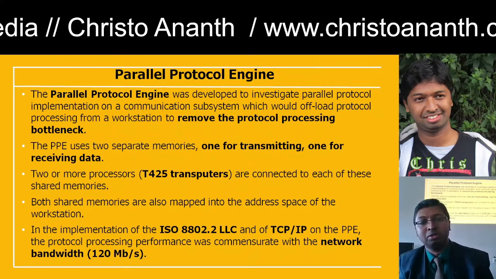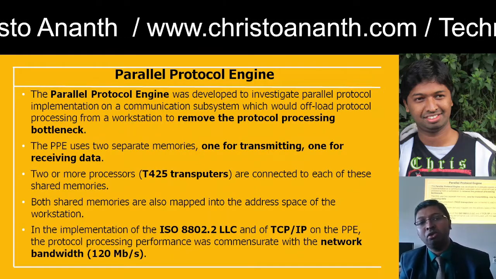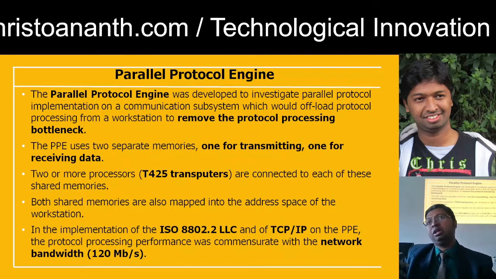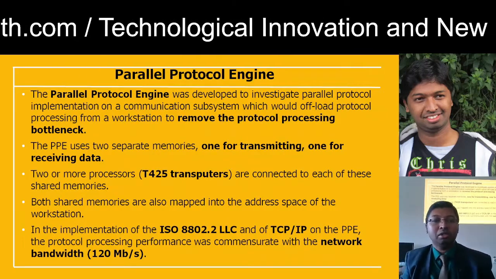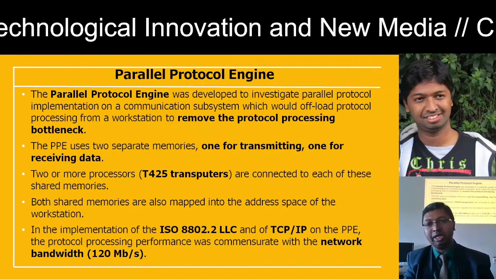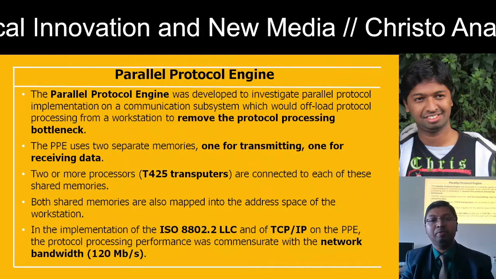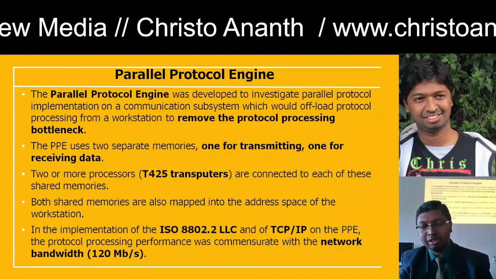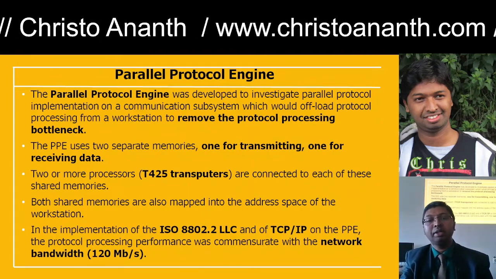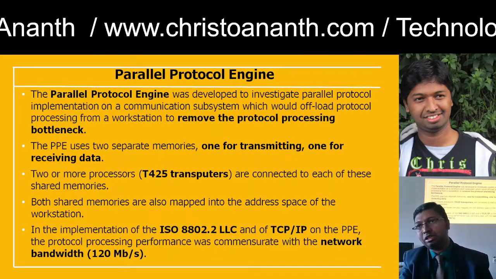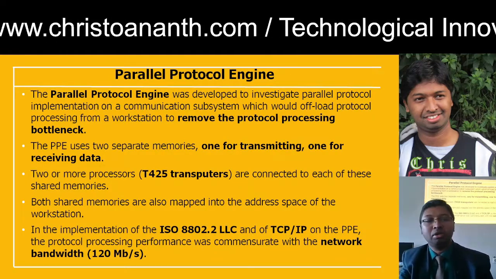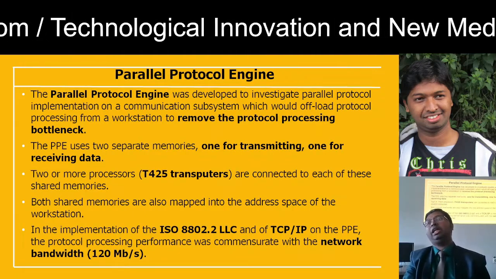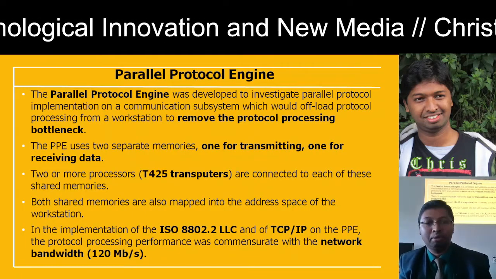We have T425 transputers, connected to the shared memories, one for transmitting, one for receiving. These shared memories are mapped into the address space, and here we implement the ISO 8802.2 LLC, logical link control layer, as well as the transmission control protocol and internet protocol standard. With this, you can assure a network bandwidth of 120 Mbps.